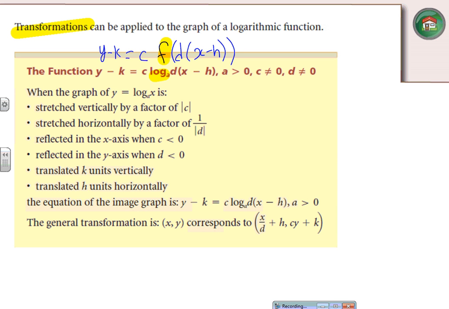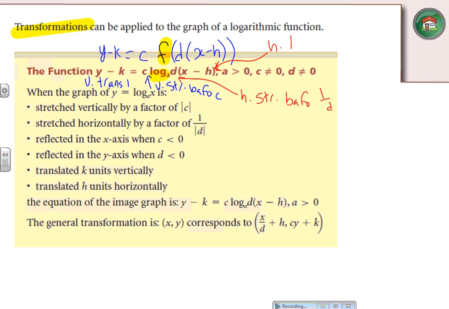So k is our vertical translation, c is our vertical stretch by a factor of c, d is our horizontal stretch by a factor of 1 over d, and h is our horizontal translation. We've also got the mapping notation, which is exactly the same mapping notation that we've used in any of the other chapters.